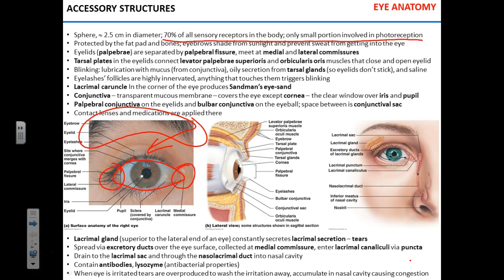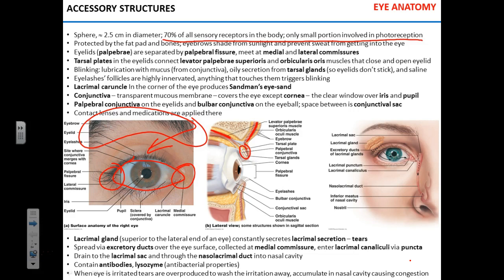In the eyelids, you can find tarsal plates. Tarsal plates essentially connect two muscles, orbicularis oculi, the circular muscle around the eye, and levator palpebrae superioris, that open and close the eyelids.